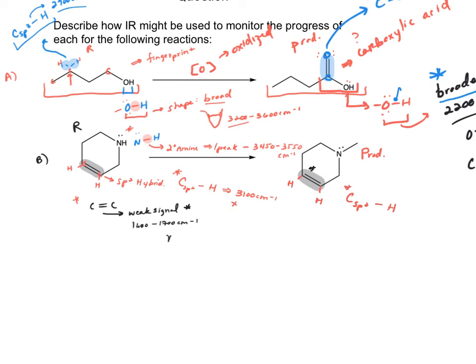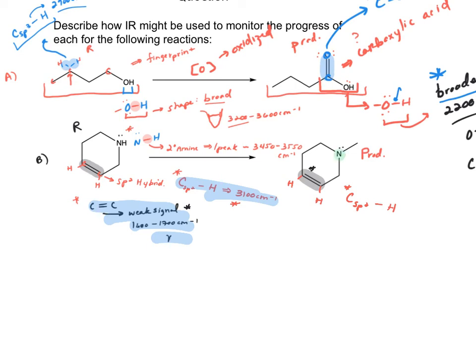So this one is preserved, this one is preserved in the product, but the one that disappears, which is indicative that we have actually formed our product, is going to be this guy.